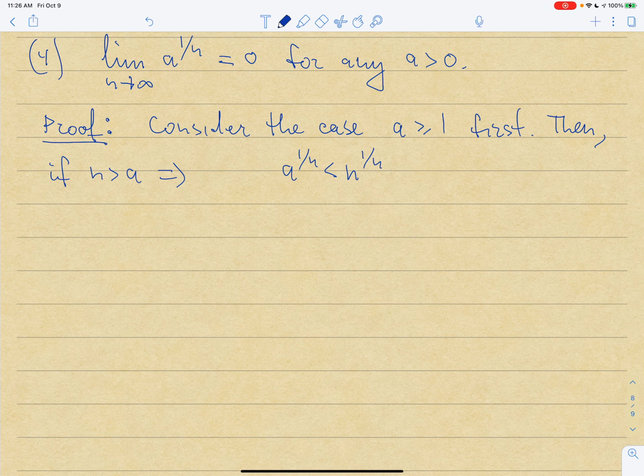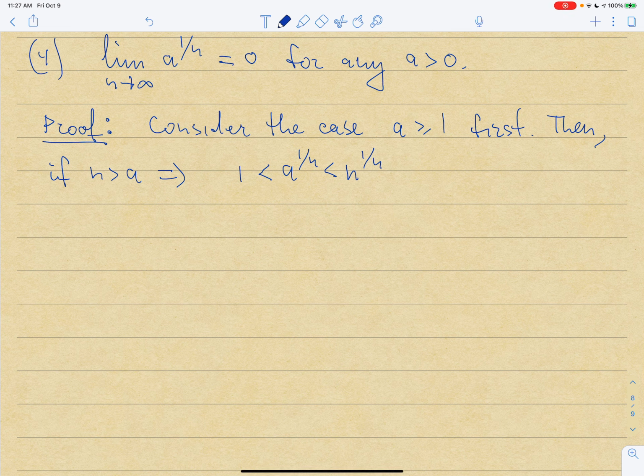Again, the nth root is always an increasing function. So if I replace a by n when n is greater than a, then I would expect that the same inequality would be preserved for nth roots. And also, because a is greater than 1, a number greater than 1 raised to the power 1 over n should still be greater than 1.